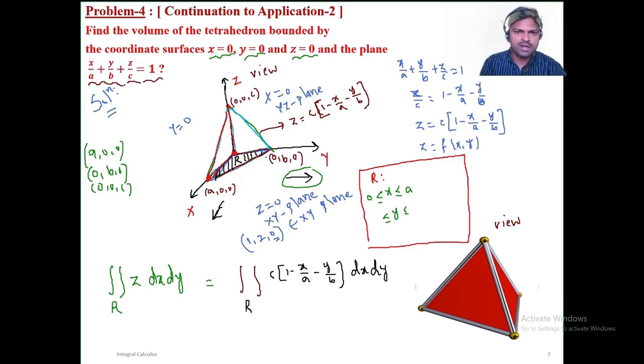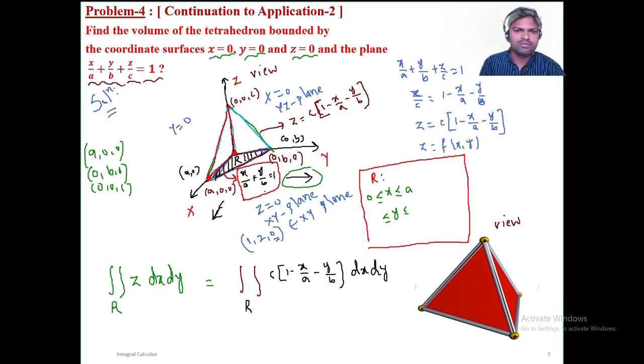Since this line is passing through the point (a, 0), in the xy plane it is passing through the points (a, 0) and (0, b). So simply the line equation is x by a plus y by b is equal to 1. This is the line equation of the line passing through the points (a, 0) and (0, b).